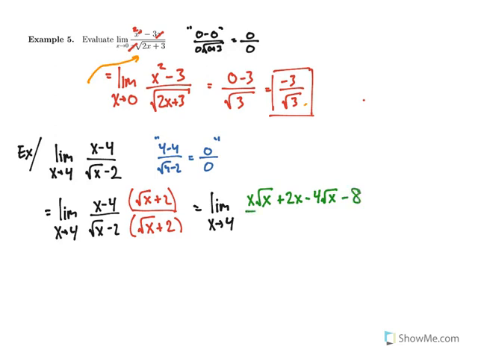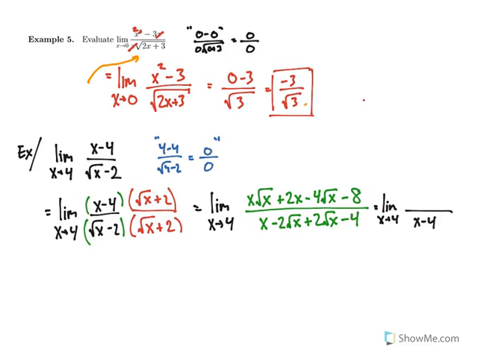Kind of a gross thing there. But on the bottom, you get square root of x times square root of x, which is just x, minus 2 root x plus 2 root x minus 4, which leaves us with x minus 4 on the bottom.